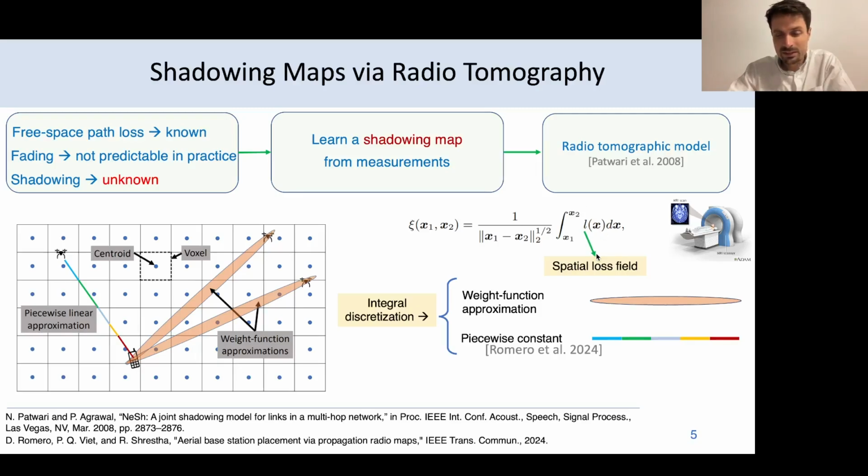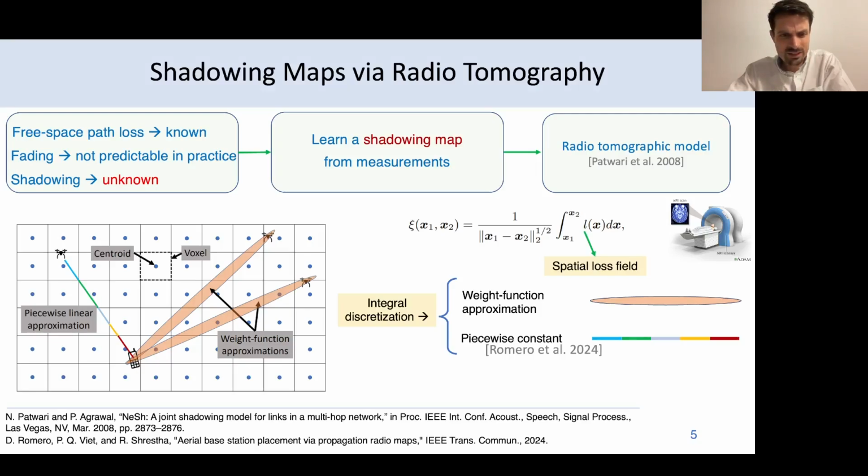There are two approaches in practice, and most work so far has used this weight function approximation. The idea is to create an ellipse where the transmitter and receiver are at its foci, and then one takes a linear combination of the centroids that fall inside the ellipse.